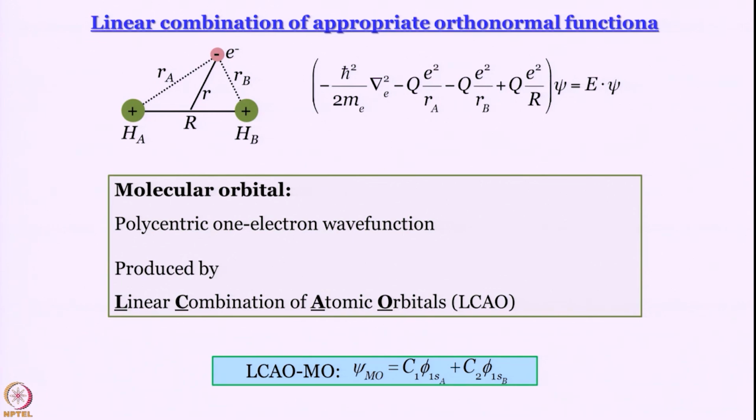What we will do, and this incidentally is the same strategy that is followed for many electron atoms, there the same atomic orbitals that one obtains from the solution of the Schrodinger equation for the hydrogen atom are used with some modification for many electron atoms. We will do the same thing for molecules here.